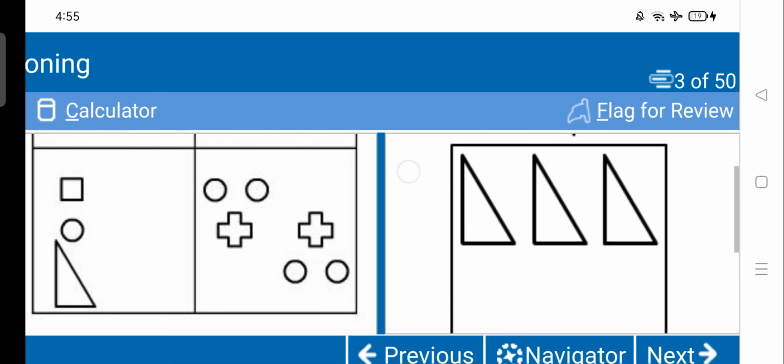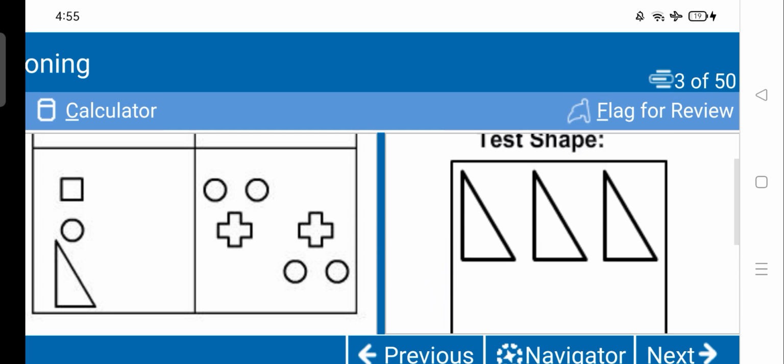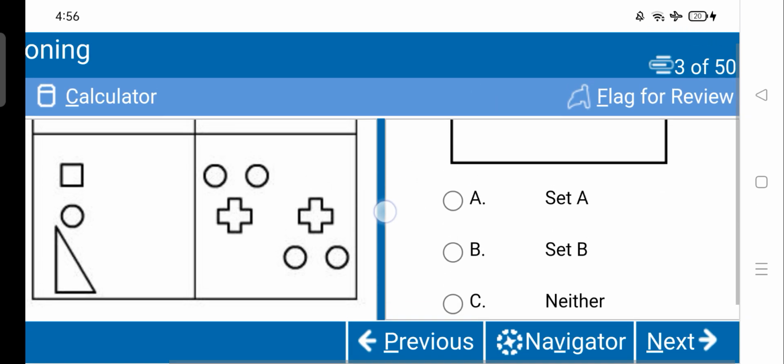The test shape that is given to us is like this. Now we have to calculate the squares given to us to see which is the correct option. Option A is set A, option B is set B, and option C is again neither.